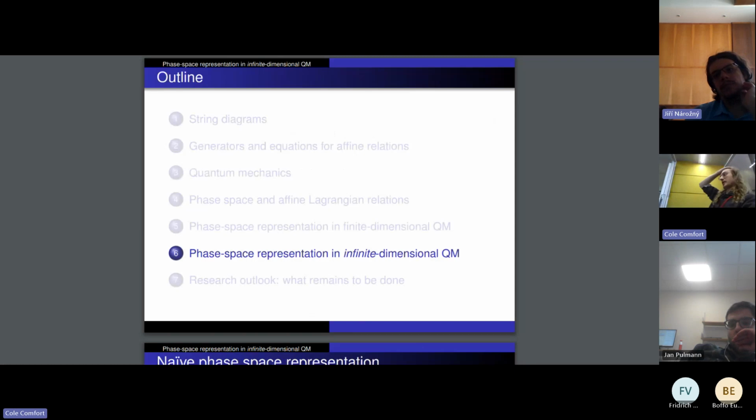Hopefully there's some level of comprehension of the things I've talked about so far. Like I said, I don't know the exact backgrounds of everyone, but now the idea is we take this stuff we've done in finite dimensions and we ask, is there any way you can abstract this away to continuous variables?